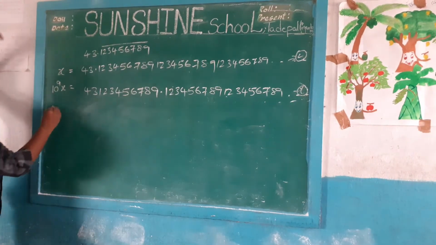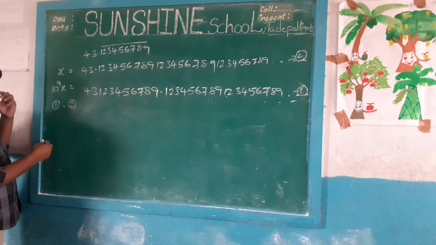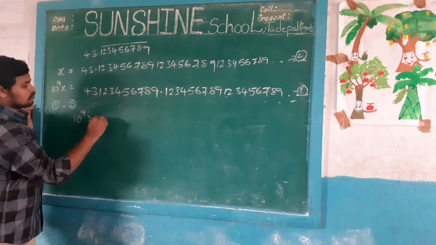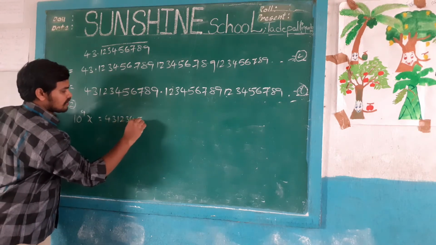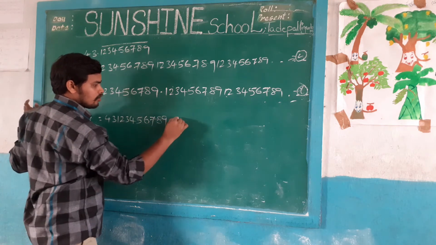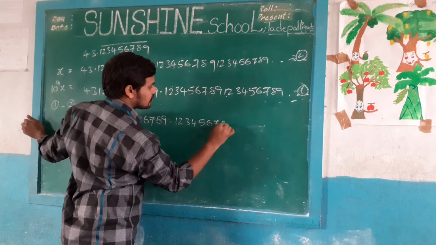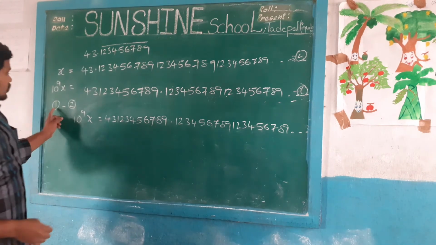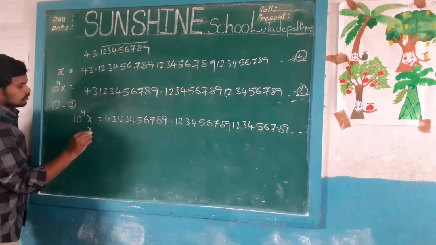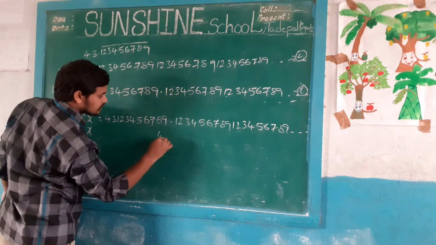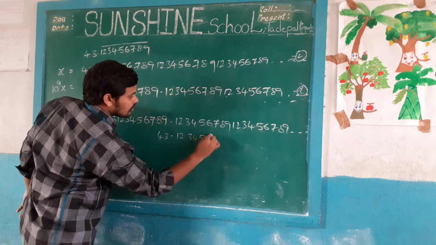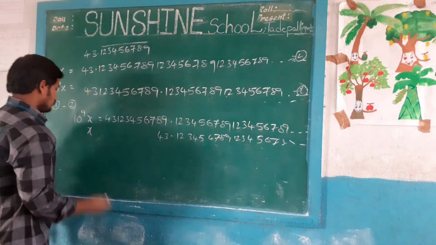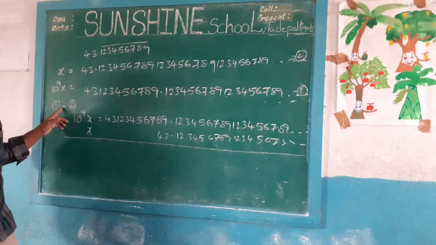Equation 1 minus equation 2. 10 power 9 x is equal to 43123456789.123456789 and so on. The first equation is this one, and the second equation is x equal to 43.123456789123456789 and so on. So what we have to do is subtraction.